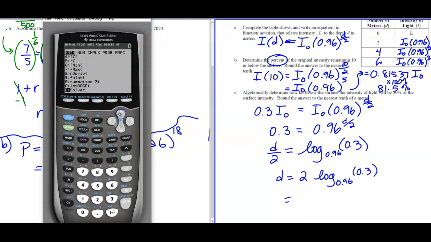But you do that log base in your calculator. Nearest tenth of a meter. So that actually goes up to 59.0 meters.